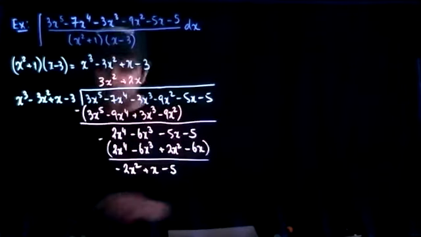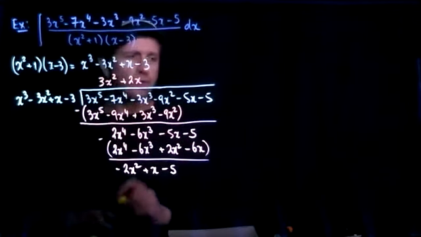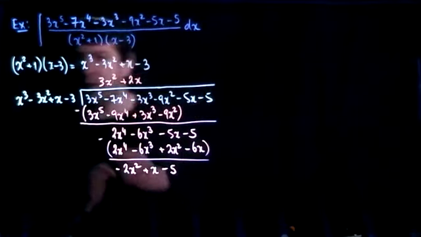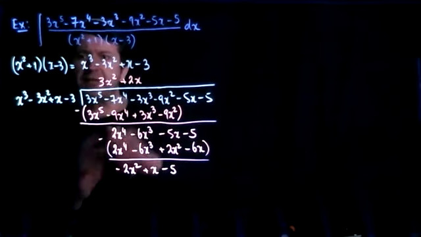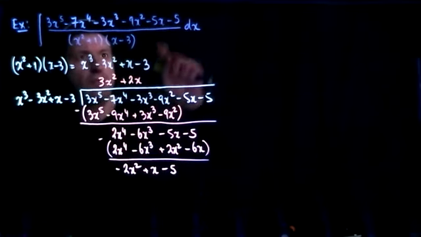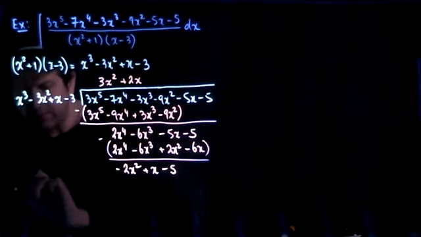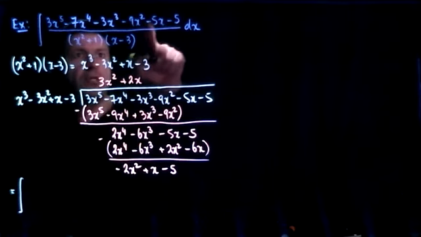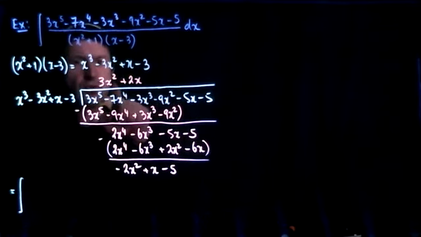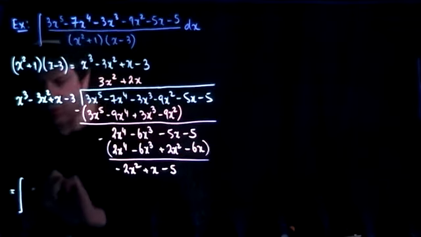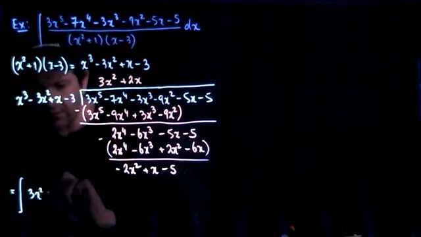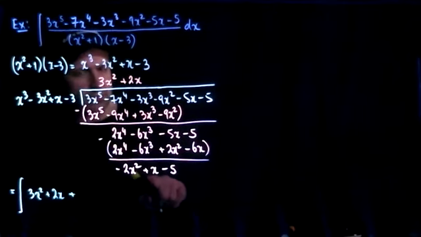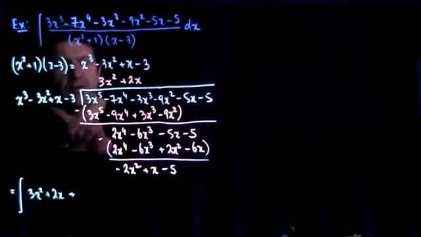In other words, what did I just say? I just said that this fraction, so this integral, which is numerator over denominator, is equal to 3x^2 + 2x plus the remainder over the denominator.